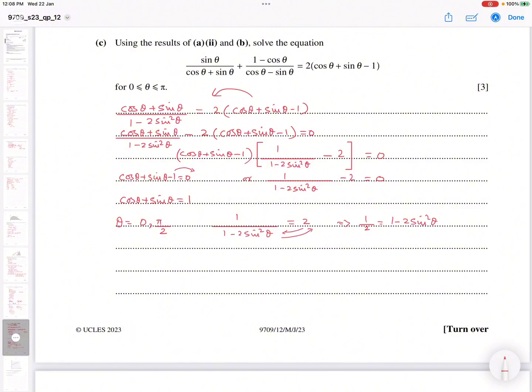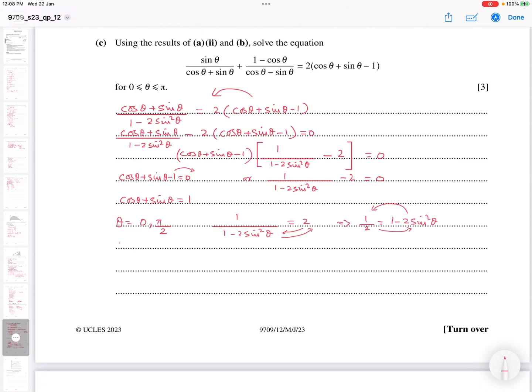So minus 2 sine square theta, bring it here, and 1 over 2 send it there.